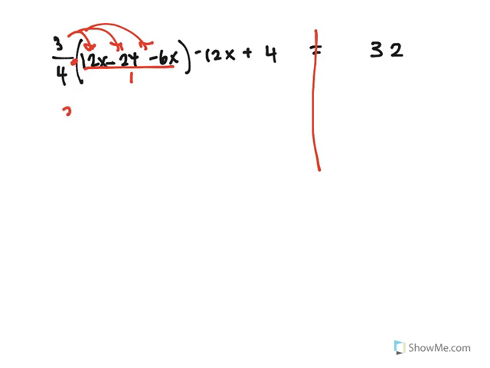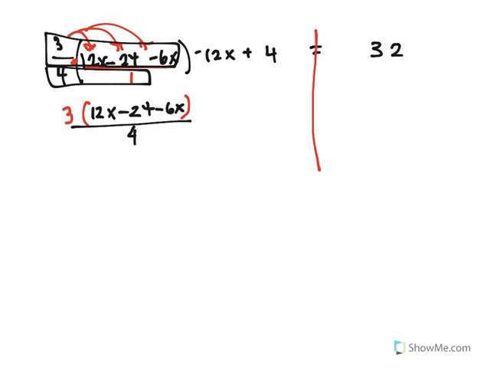So I am left with, because it's like if I did this times this, and then denominator times denominator. And then I copy the rest.